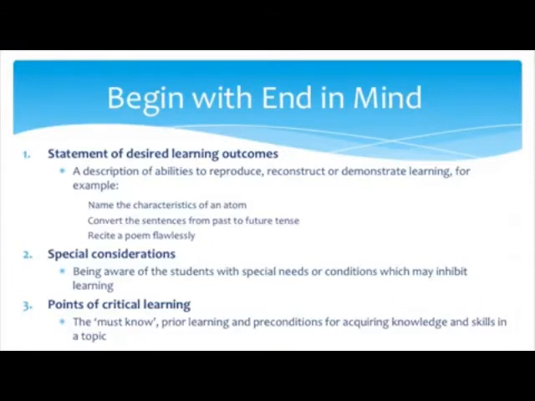So students coming from different backgrounds, non-native speakers, may need more help. So teachers may want to pay attention to such situations. And they must also know what kind of prior learning or preconditions are necessary for that particular lesson to be continued successfully. So these are the 3 important points you need to bear in mind when you begin a lesson.